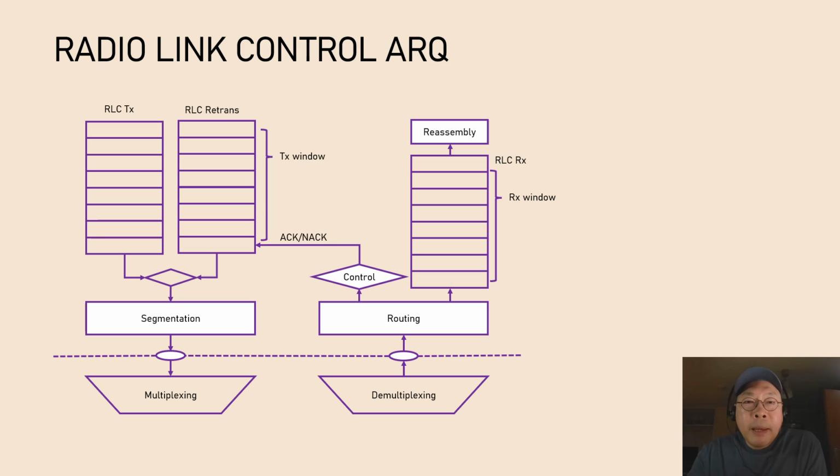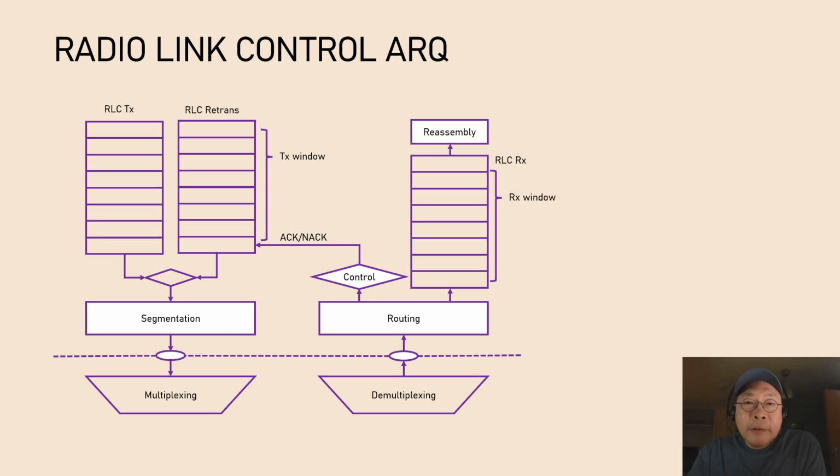To implement RLC AM, three queues along with segmentation, routing, and reassembly processes are required. In the diagram, RLC-TX is the queue for newly transmitted data packets. RLC-retrans is for retransmission, and RLC-RX is for received data packets.